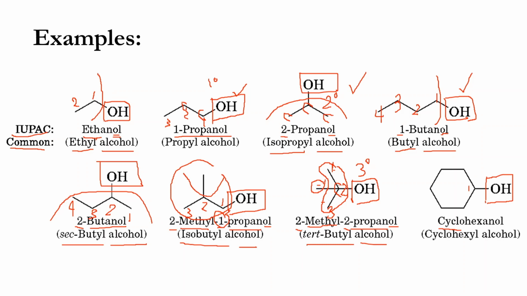You don't need to indicate 1 here. Cyclohexane, after removing one hydrogen and replacing it with OH, becomes an alcohol, cyclohexanol. For the common name, how do you call this alkyl? This is a 6-carbon cyclic alkyl group called cyclohexyl, and then the word alcohol. So this is how you name IUPAC and common names for alcohol.